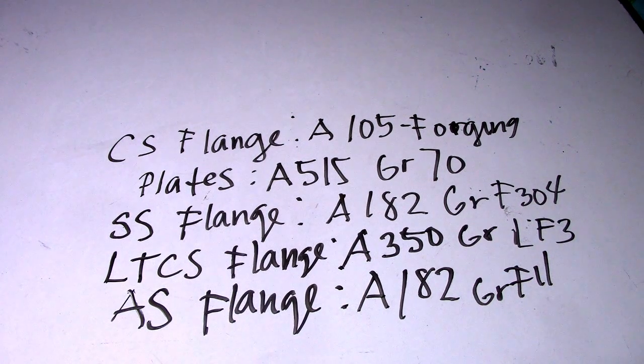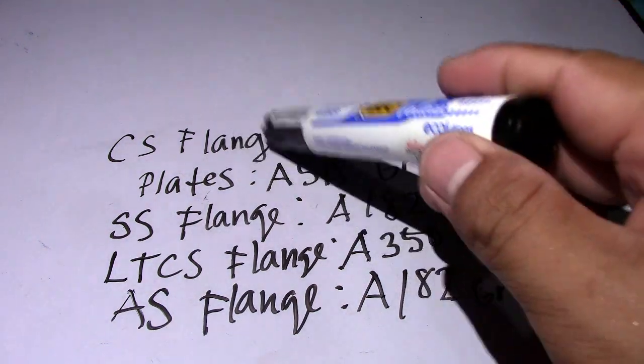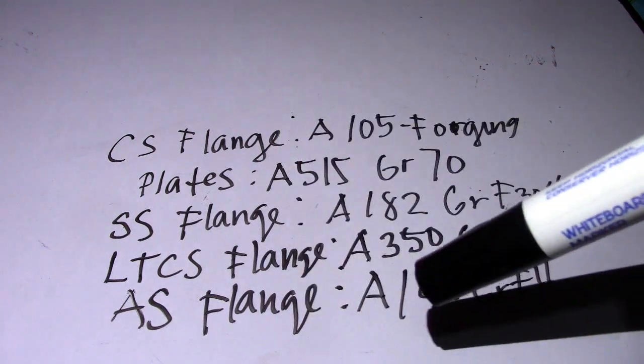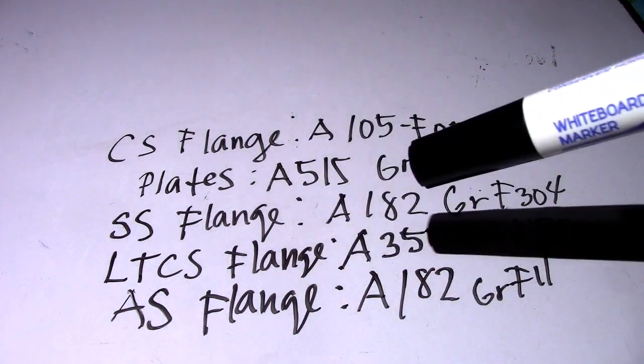So that is the difference between 304, 316 and 321. This is a common and typical material specification, only for the flanges.